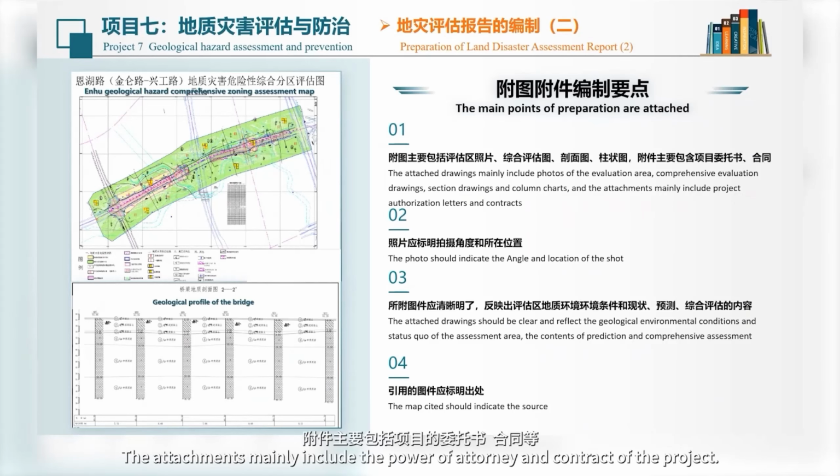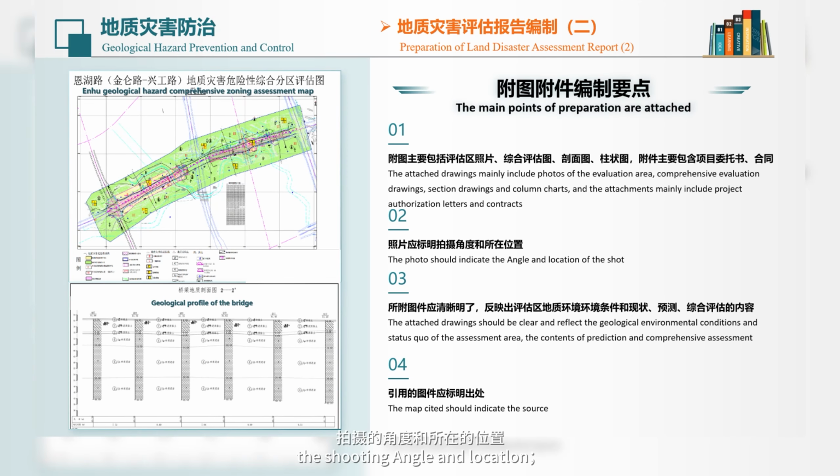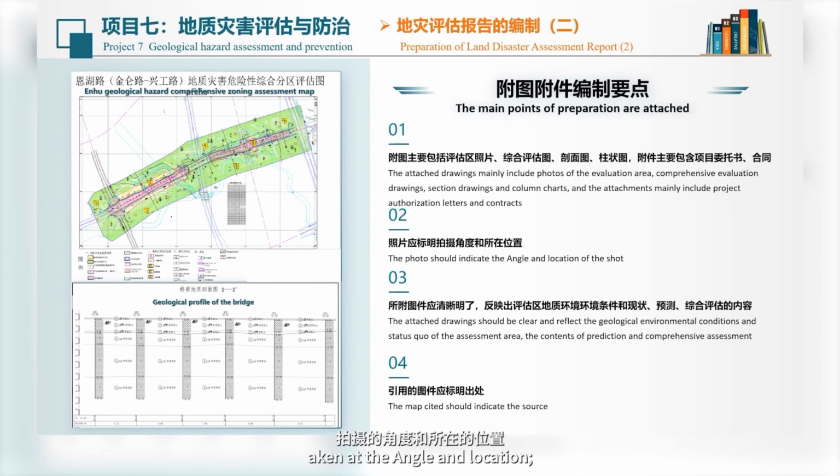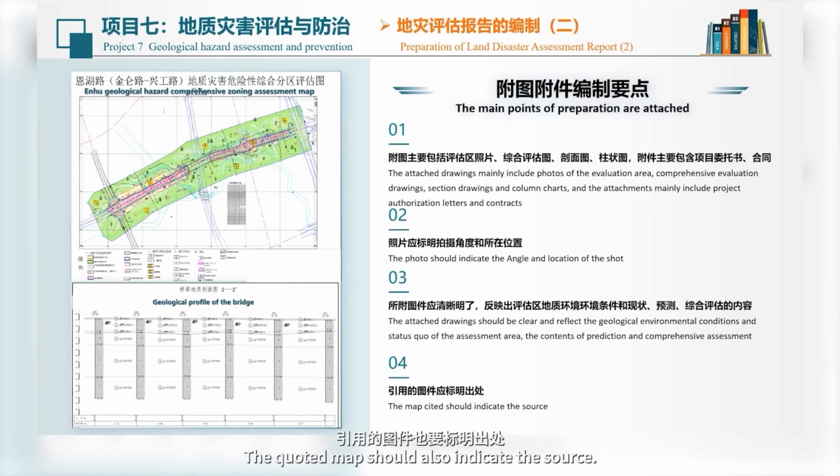The attachments mainly include the power of attorney and contract of the project. The accompanying photos should be clearly marked with the shooting angle and location. The attached map should be clear and reflect the current geological environmental conditions of the assessment area. The quoted map should also indicate the source.